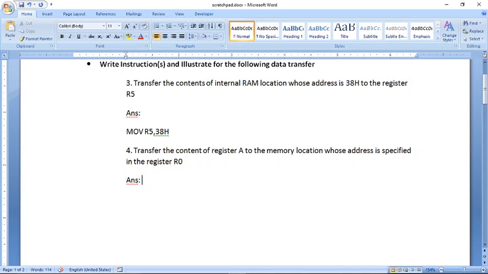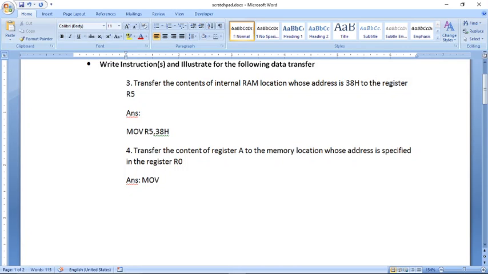The opcode is MOV, because we are transferring the contents from a register to an internal RAM memory location. And what is the destination? The destination is a memory location whose address is specified in the register R0.